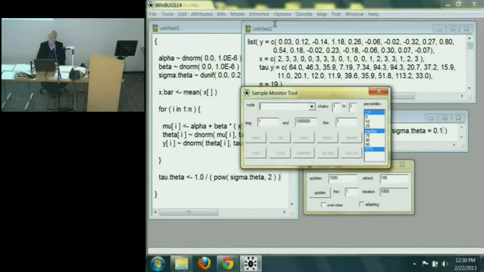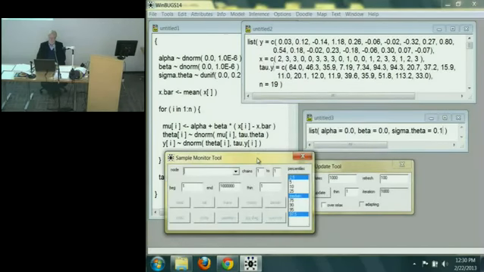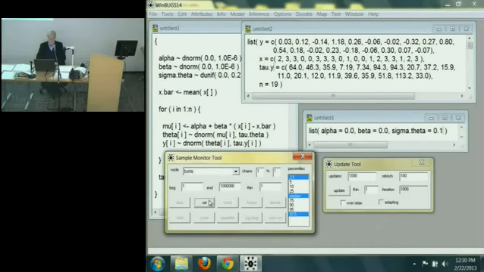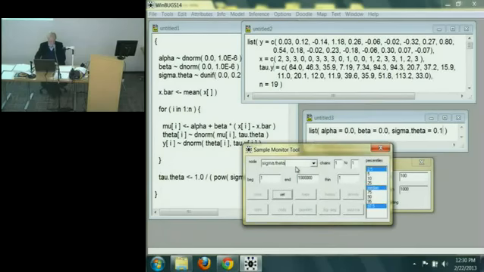Now I monitor everything I want to. So there's alpha, there's beta, there's sigma dot theta. No, you have to hit the set button. And the thetas, let's look at the thetas again. That's about all I care about.